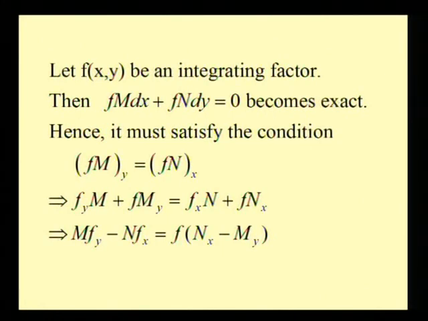exactness. Therefore the partial derivative of the product fM with respect to y must be equal to the partial derivative of the product fN with respect to x. If these two are equal, then it becomes exact. Simplifying this, we get f_y M plus f M_y is equal to f_x N plus f into N_x, and simplifying further, we get M f_y minus N f_x is equal to f into (N_x minus M_y).